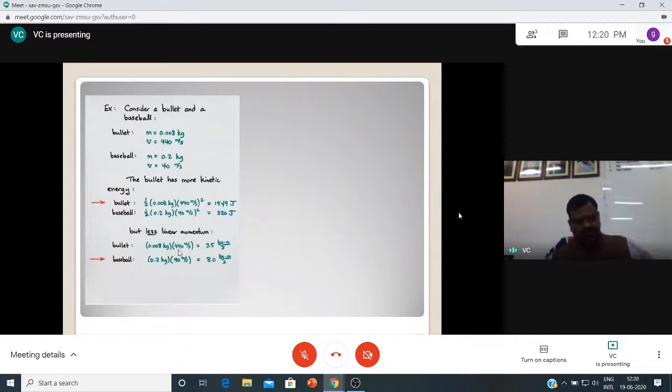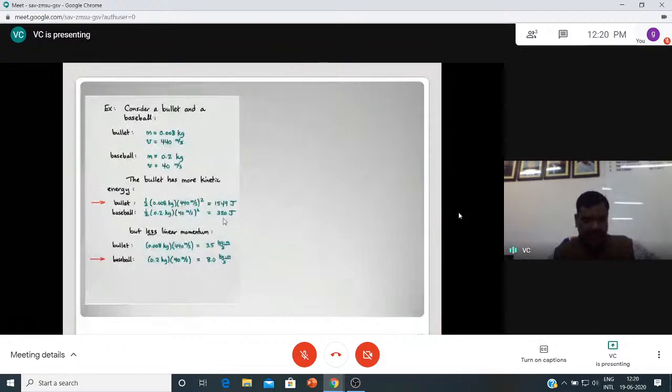Again, mass into linear momentum, mass into velocity. Like that we can determine it for the baseball.